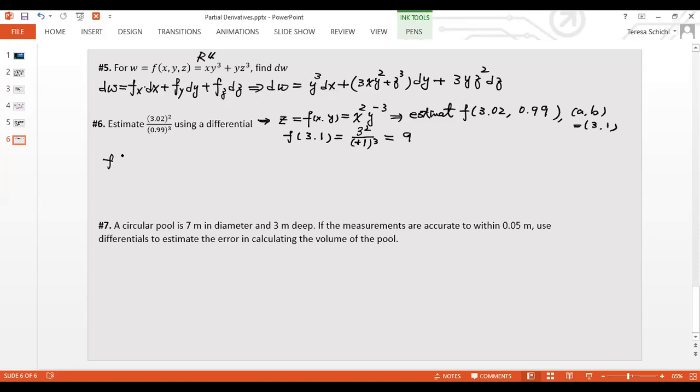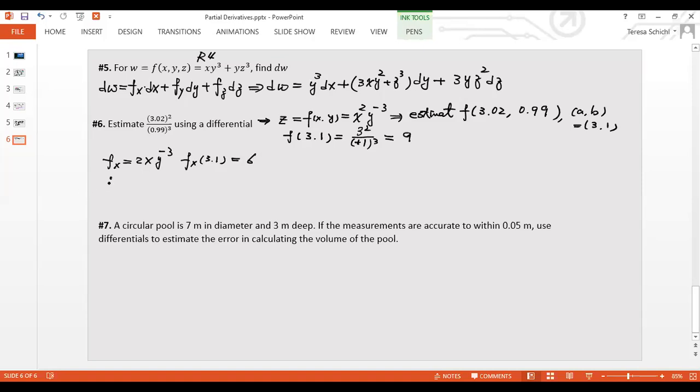We're going to use dz to estimate delta z. Here the partial derivative with respect to x: what is it? It's 2xy to the -3. Plugging in (3, 1), this will be 2 times 3, which is 6, right?